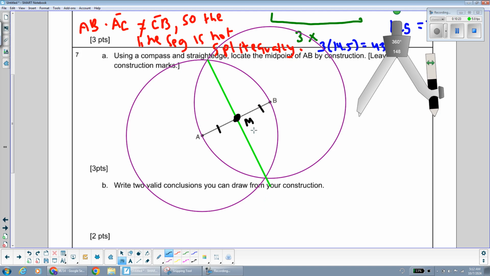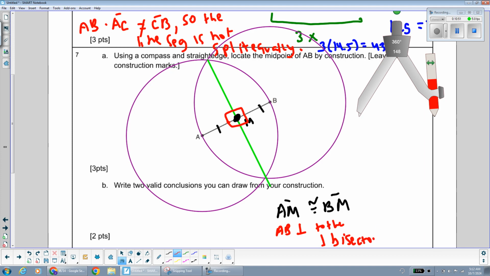I can say, because I labeled my midpoint M, there's lots of things you can say here. I can say that AM is congruent to BM. Since it's a perpendicular bisector, I can say right angles are created here. So I can say that AB is perpendicular to the perpendicular bisector.